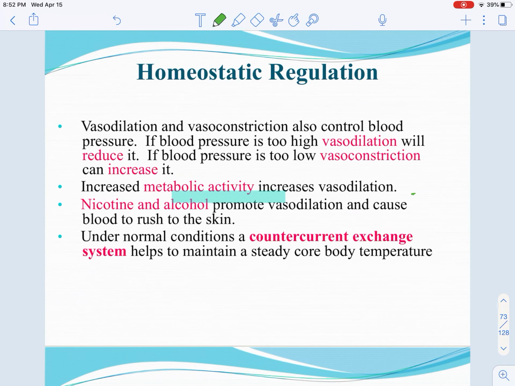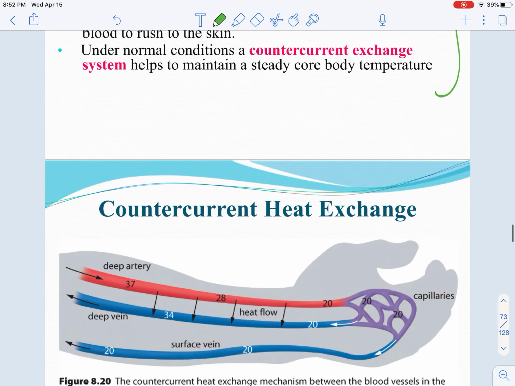Which is exactly what this is talking about, except it also mentions the couple of chemicals that can cause vasodilation and cause you to be like flushed, like nicotine or alcohol, as well as if you're exercising, some people get red in the face or flushed because your body temperature is going up with all the muscle contraction going on, and those vessels dilate to come to the surface to try to cool off.